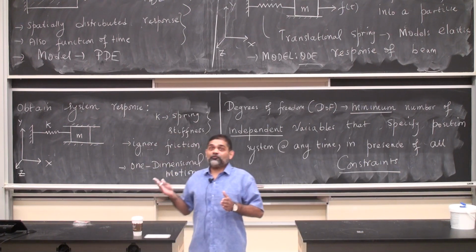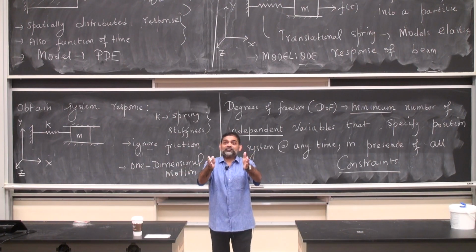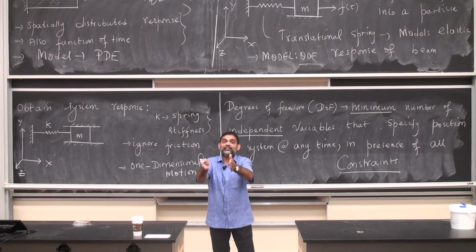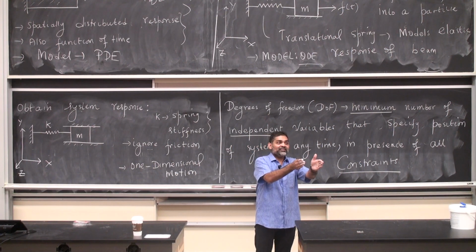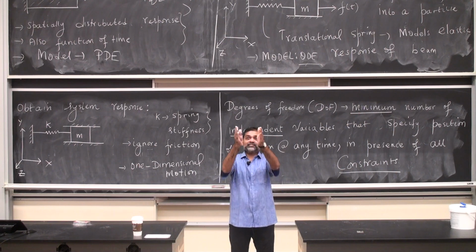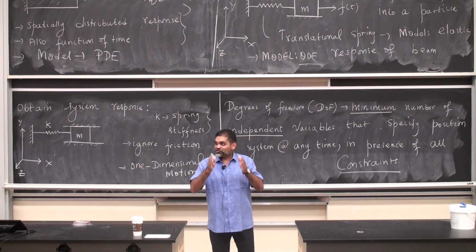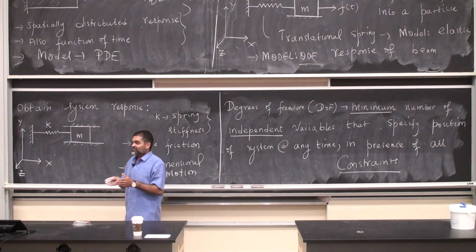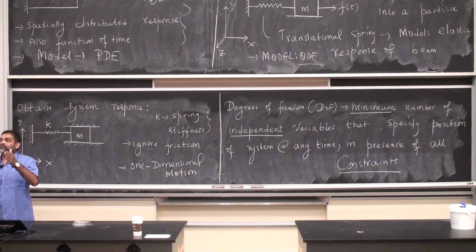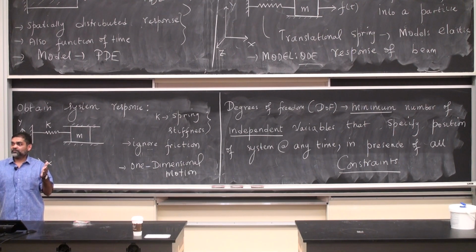What's a constraint for our mass here? Our mass is constrained to move only in the horizontal direction, which means that there is no motion in the z direction, there is no motion in the y direction. So how many constraints are imposed upon this mass? Two constraints.